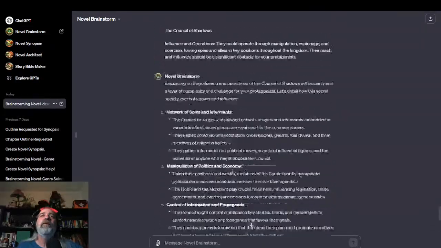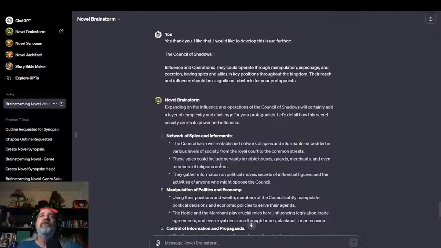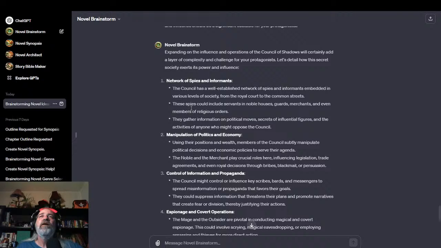And that's a really long answer in terms of influence and operations. Well-established network of spies embedded at various levels: royal court, common streets, including servants in noble houses, guards, merchants, even members of religious orders, gathering information on political moves, secrets of influential figures, and the activities of anyone who might oppose the council.